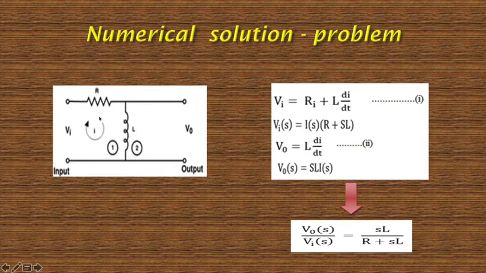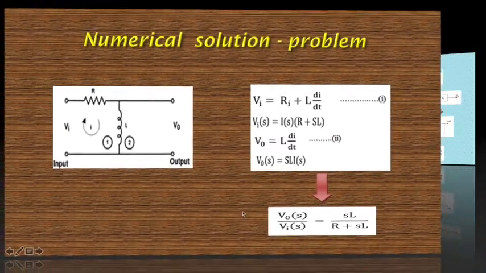Then taking loop 1, Vi(s) equal to I(s)R plus SL into I(s). And the output equation is V0(s) equal to SL I(s). Then find the transfer function by definition: V0(s) by Vi(s) equal to SL by R plus SL.